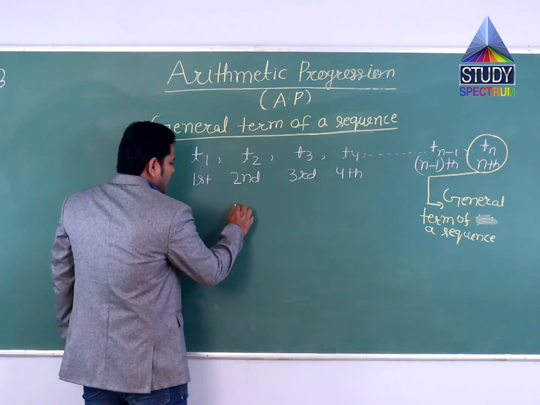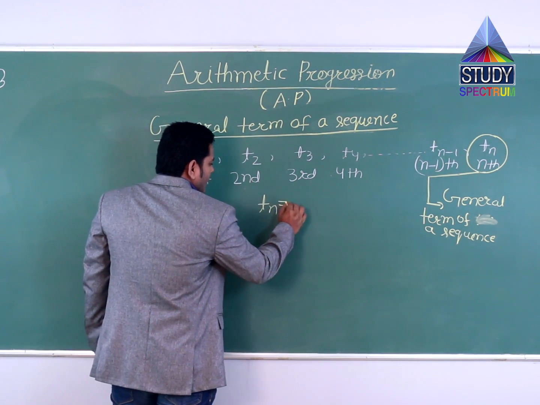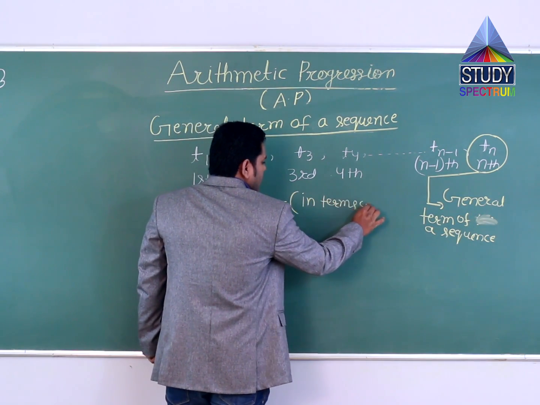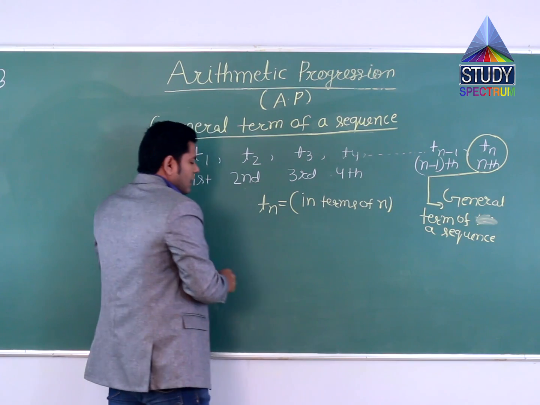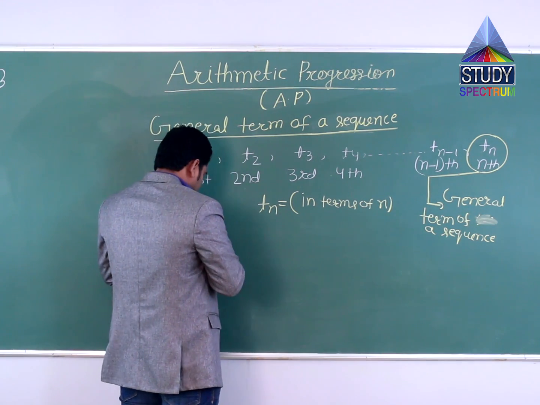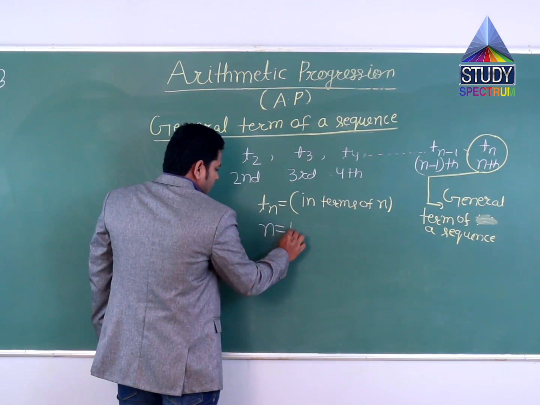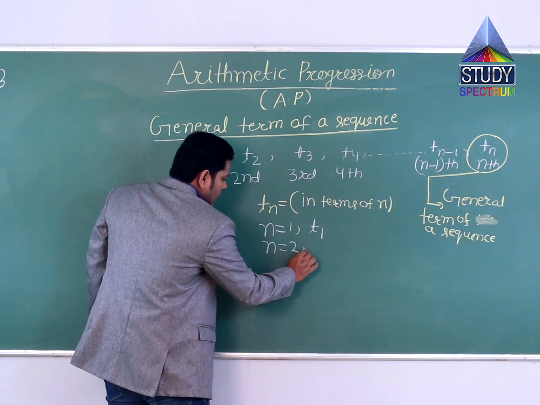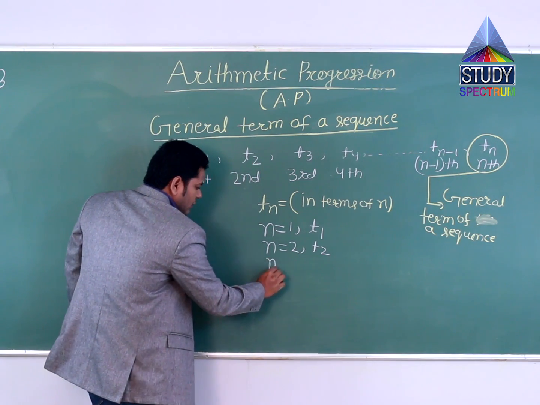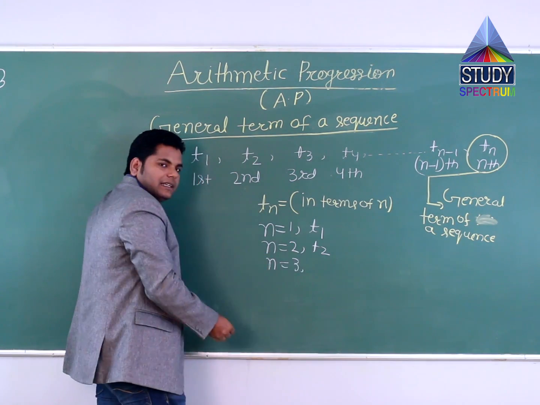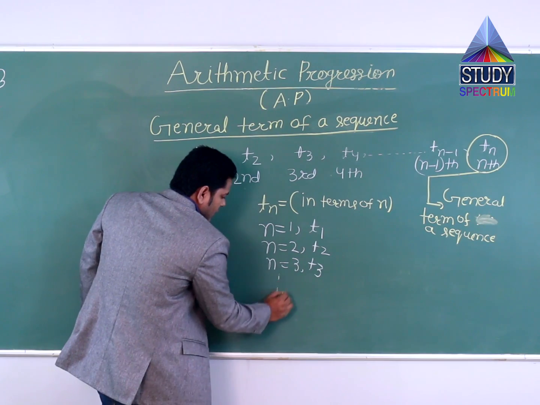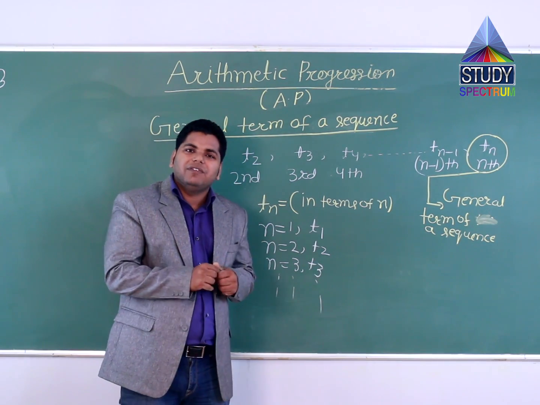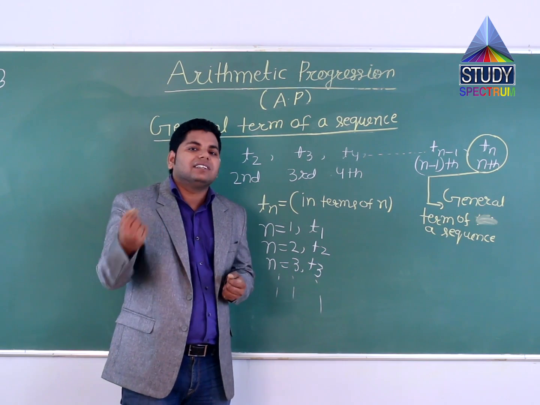When you put n equal to 1, you will get T1. When you put n equal to 2, you will get T2, and when you put n equal to 3, you will get T3, and so on. Whatever number you put in the place of n, you will get that term.